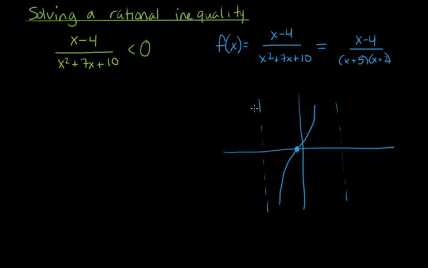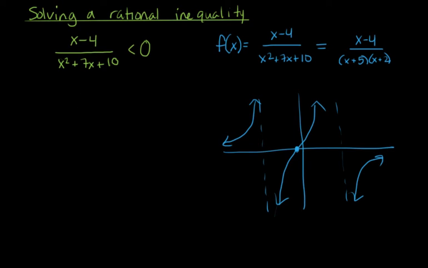But it also sometimes switches when it crosses over an asymptote, from negative to positive or from positive to negative. So we're looking for all the zeros and all the vertical asymptotes.